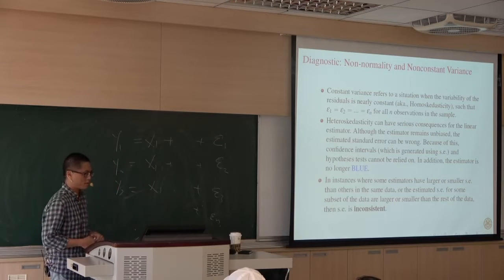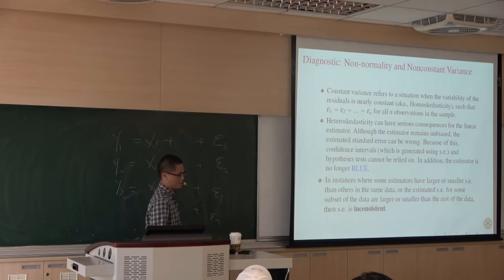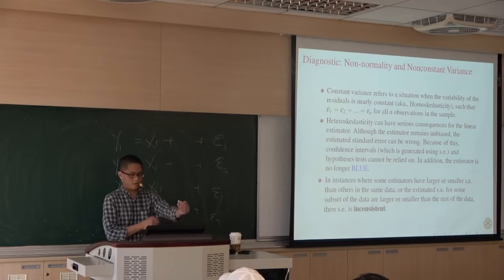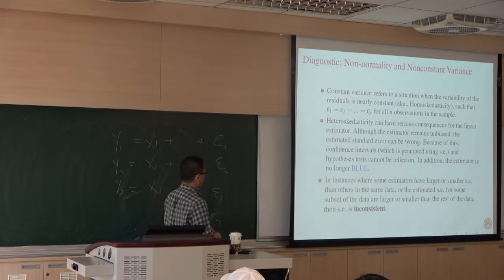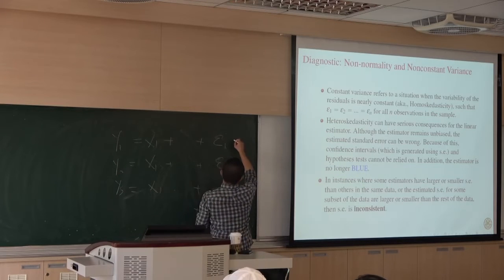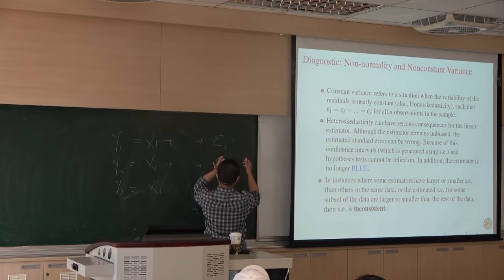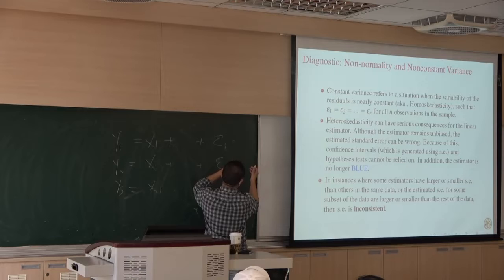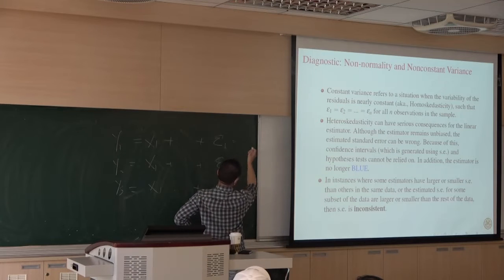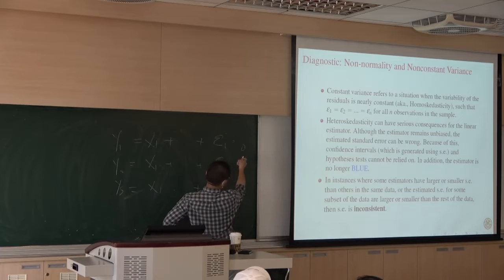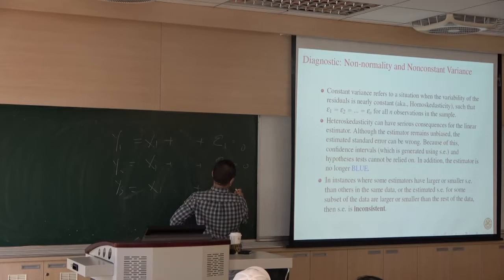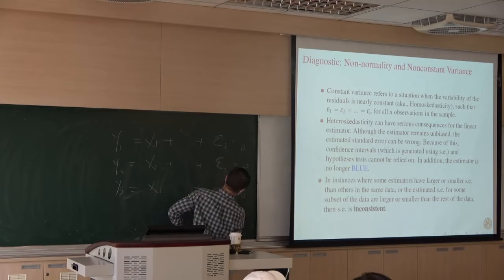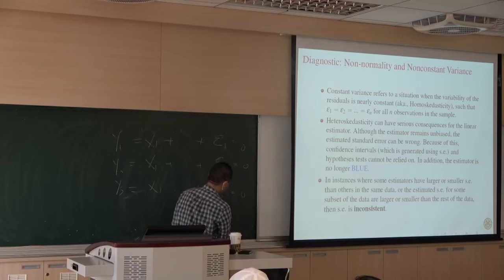So the variability of the residual across these observations should be constant, meaning that they should probably be bounded within some range, right? So we're simply assuming that they are 0. This is for the first one. The second one is 0, the third one is 0, all the way up to the last one.